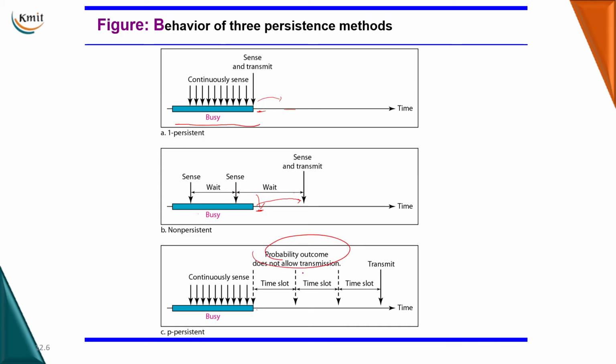And if the probability outcome is not allowing it to transmit, it will wait for a particular time slot, and then again it will calculate the probability, and based on the outcome of the probability, the station will transmit the data. Here the number of collisions is less compared to one persistent and non-persistent.